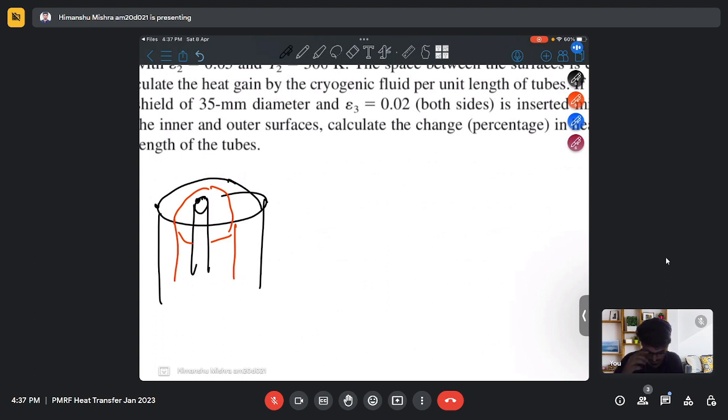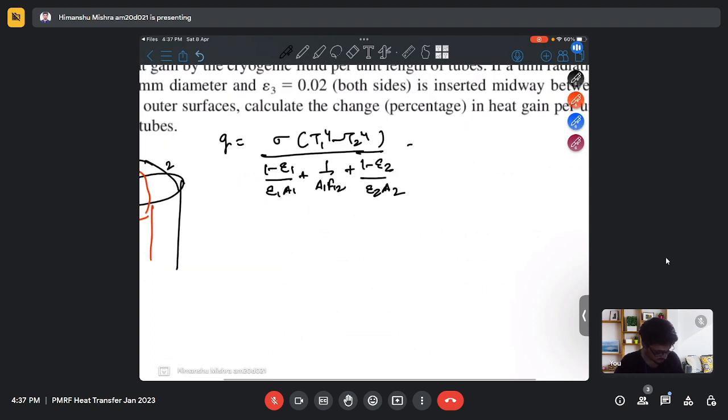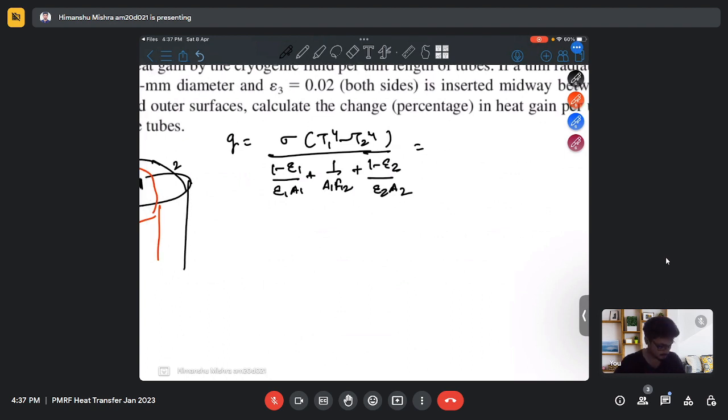For two long circular cylinders without shield, the heat transfer can be given as, so this is my surface 1 and this is my surface 2. This is my relation for radiation heat exchange between two surfaces. This is a general relation.